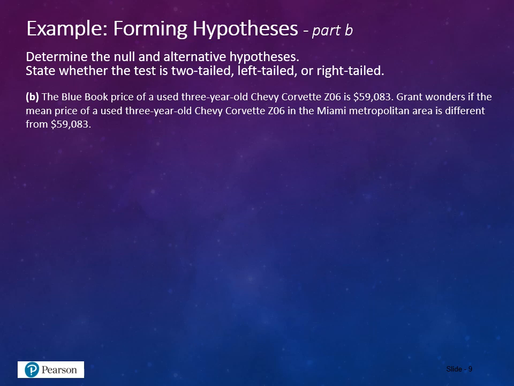The Blue Book price of a used 3-year-old Chevy Corvette Z06 is $59,083. Grant wonders if the mean price of a used 3-year-old Chevy Corvette Z06 in the Miami Metroplex area is different from $59,083.